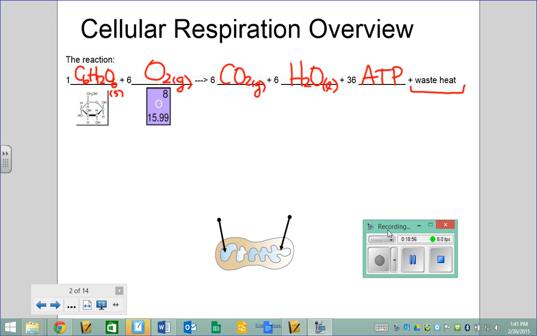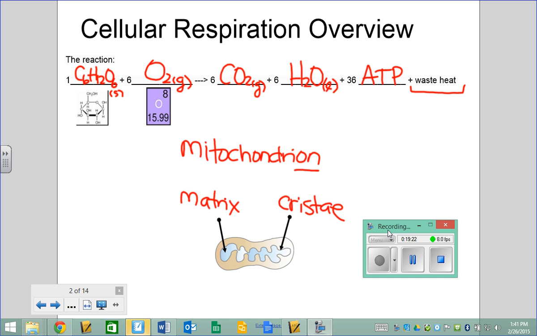The other thing I want to remind you of is the picture at the bottom. So this is a mitochondrion when there is one of them. It's mitochondria if there are several of them. And in your mitochondrion, there are two things that interest us quite a bit. The matrix, which is the center portion, and the cristae, that's the wavy internal membrane.